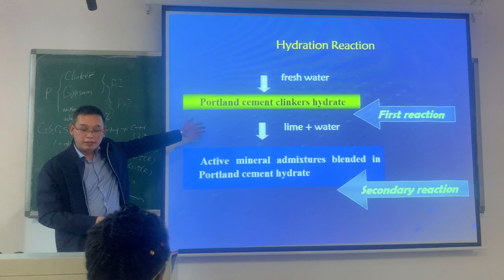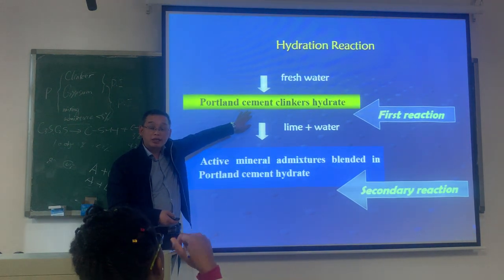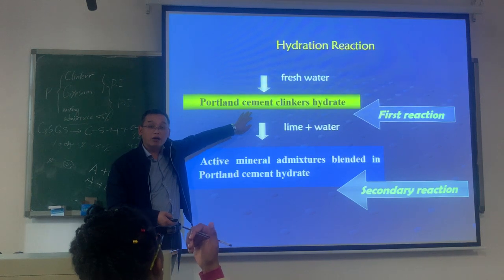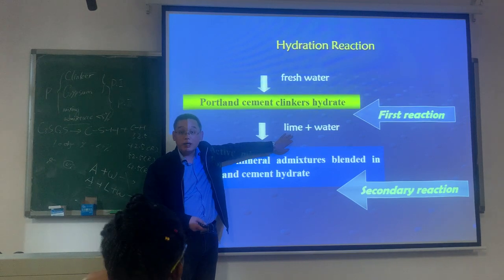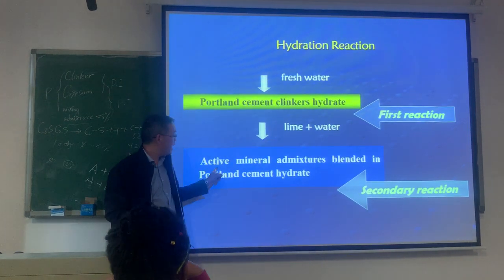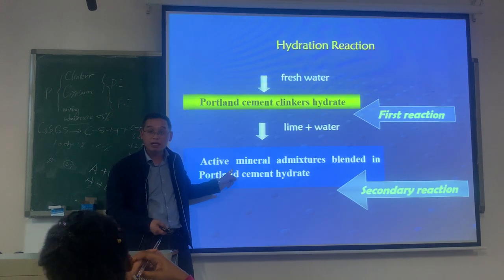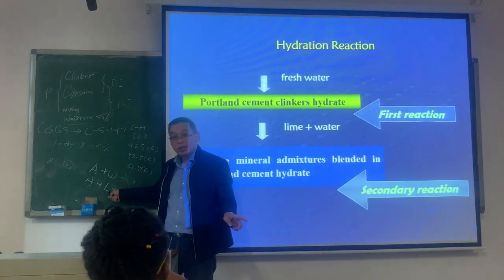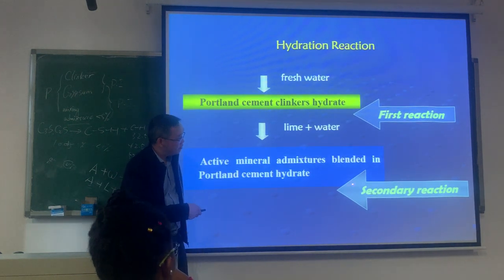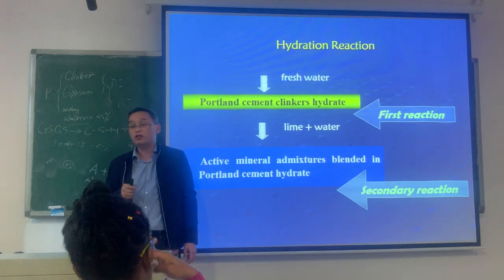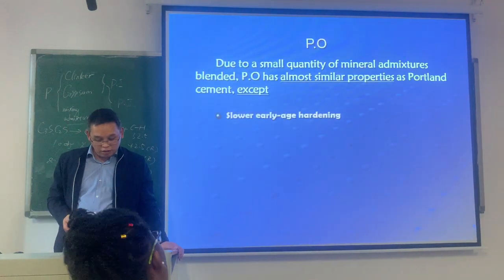Are you clear about this one? Firstly, the hydration of the clinker happens and gets calcium hydroxide. And then the active minerals react with the calcium hydroxide and get the cementitious products.